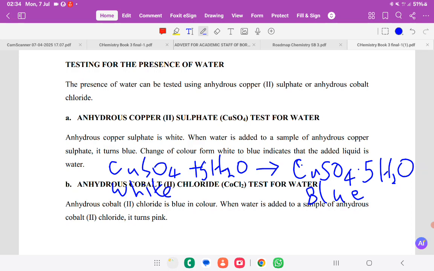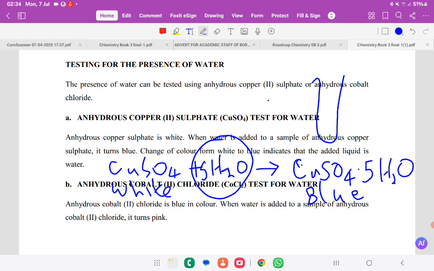So this is an indication that water is available. Let's say, for example, think about any substance which contains water in it. Let's say you have a mixture of ethanol and water.